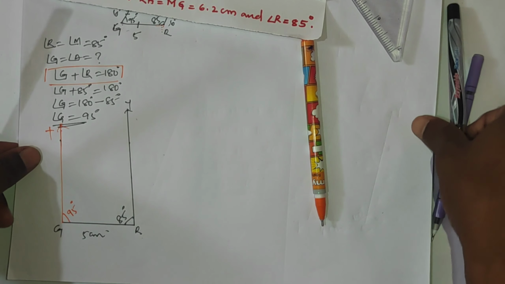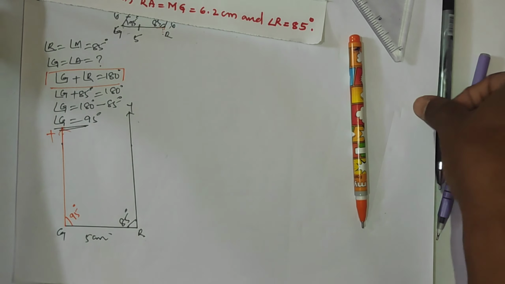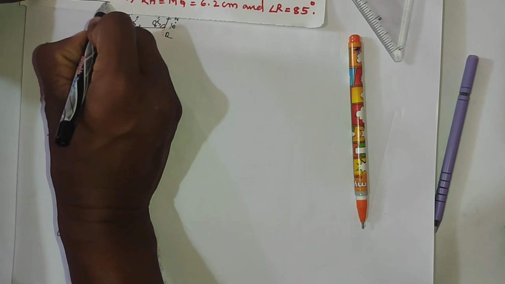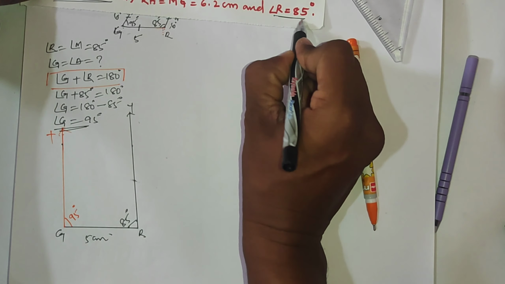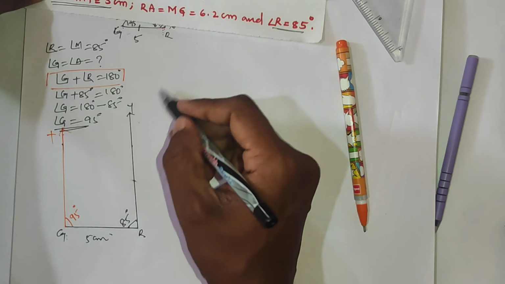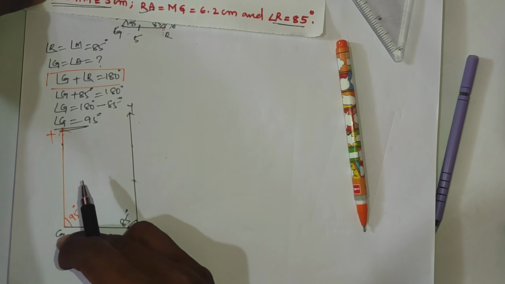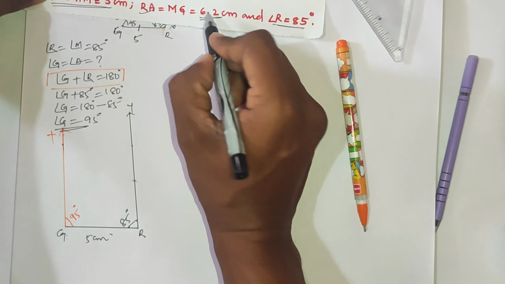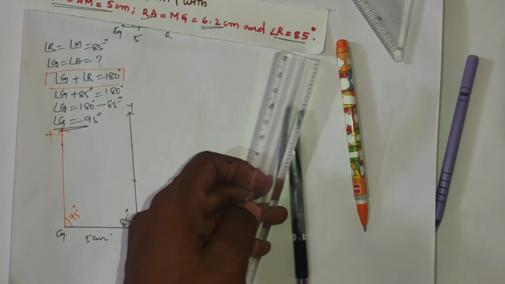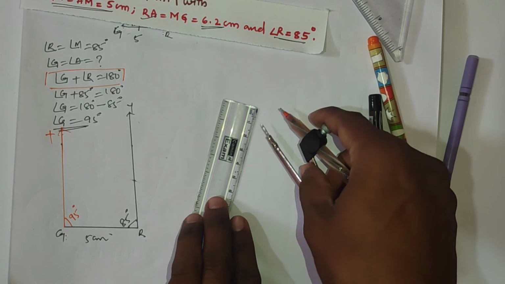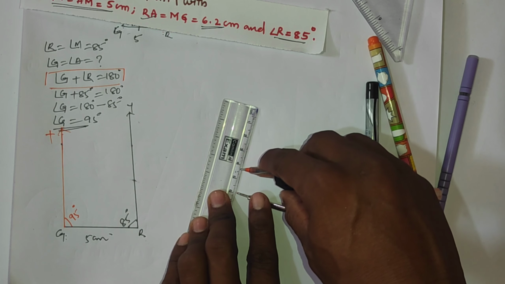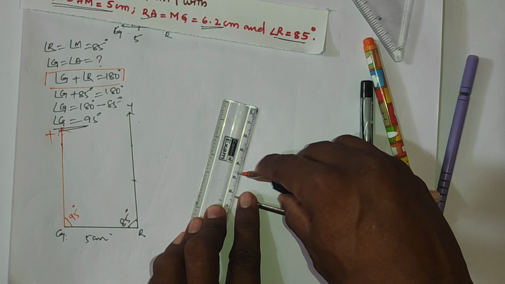Now see, we completed angle G, the base GR, and also angle R. Now measuring RA and GM, how much is it? 6.2 centimeters. Now with the help of compass and ruler, measure a 6.2 centimeters radius.